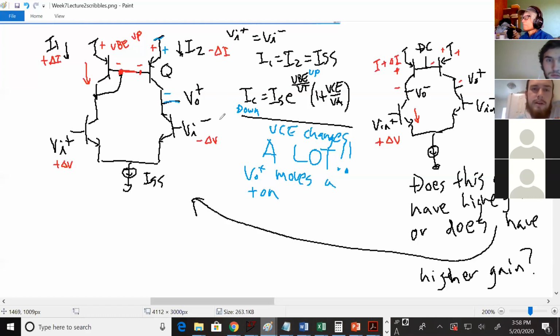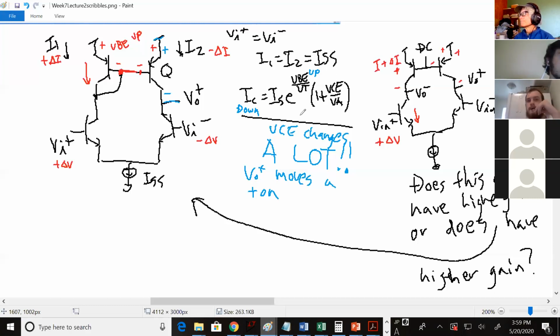This one had to counteract both the current getting turned down and the VBE getting turned up. But over here, VBE is staying constant, so it doesn't have to counteract that. It just has to make IC smaller.